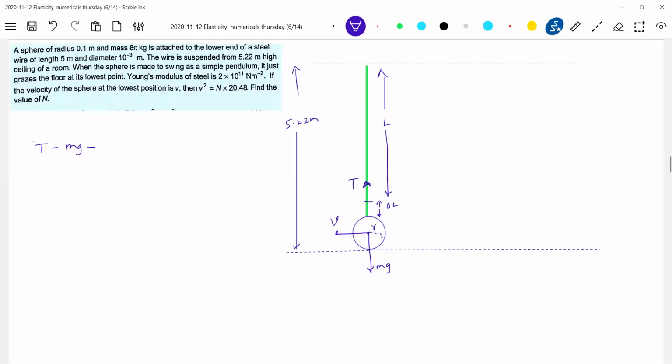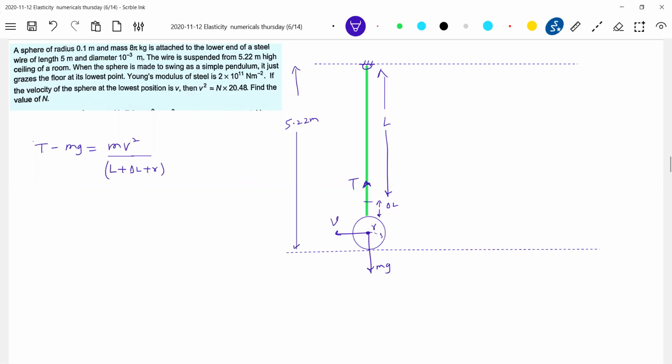T minus mg should be equal to mv square over the radius. About this point it is swinging, so the denominator should be L plus delta L plus R. The center of the sphere has to be taken as reference.